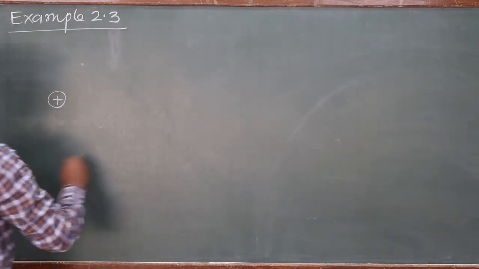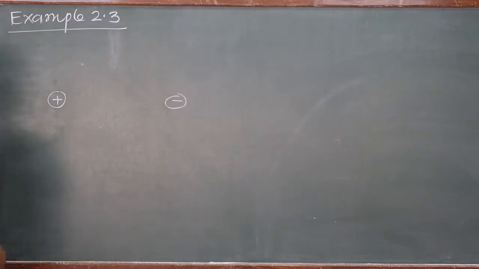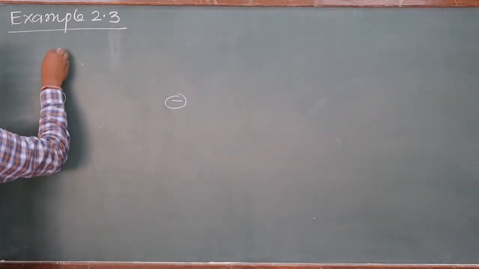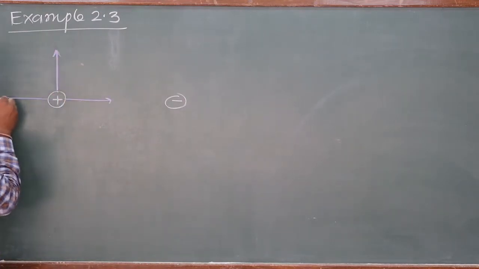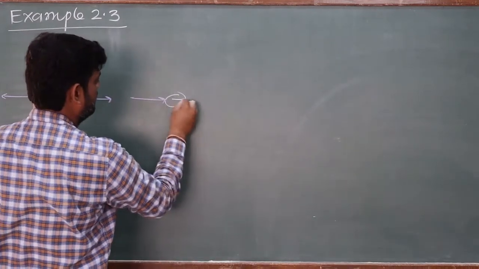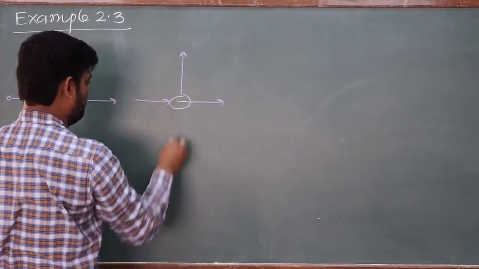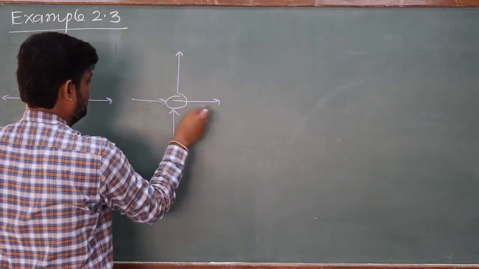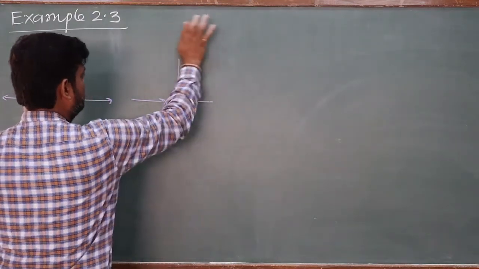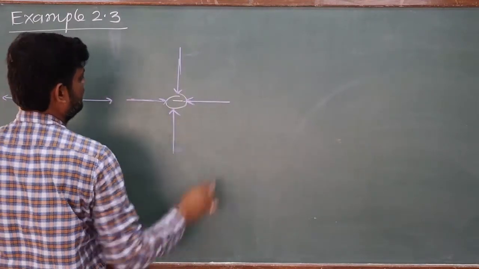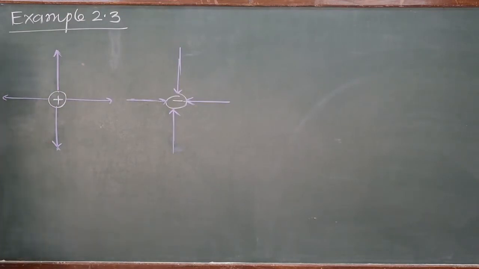It is a plus Q charge. Here it is a minus Q charge. The electric field lines due to the plus Q charge will be away from the plus Q charge. We already studied that it is radially outward, and due to the negative charge it will be radially inward. So this diagram is given to you.